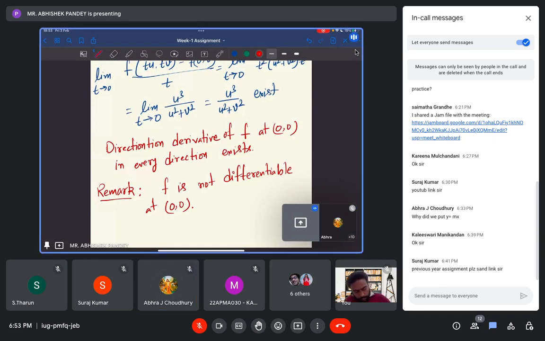So this last line says that this function gives you an example of a function whose directional derivative at (0, 0) in every direction exists, meaning the partial derivatives also exist, but f is not differentiable at (0, 0). This we will see in the next class. Is it clear to you? Yes, sir.